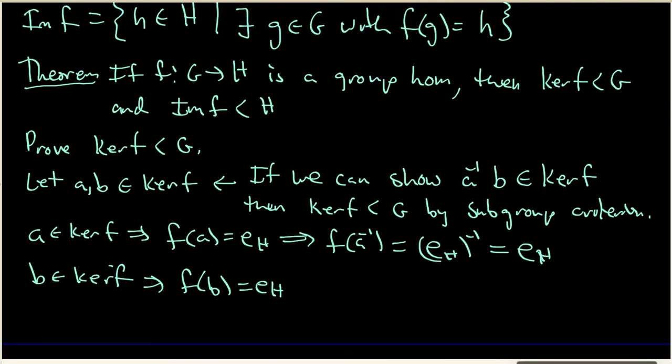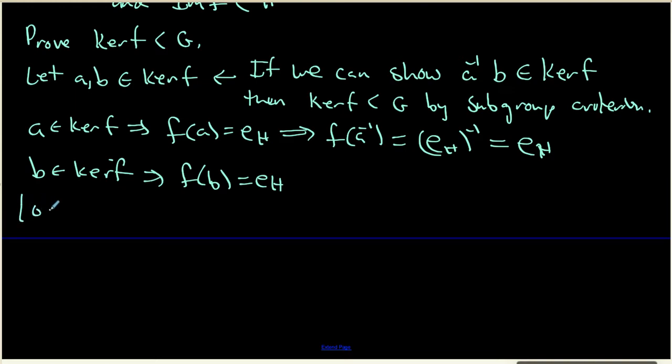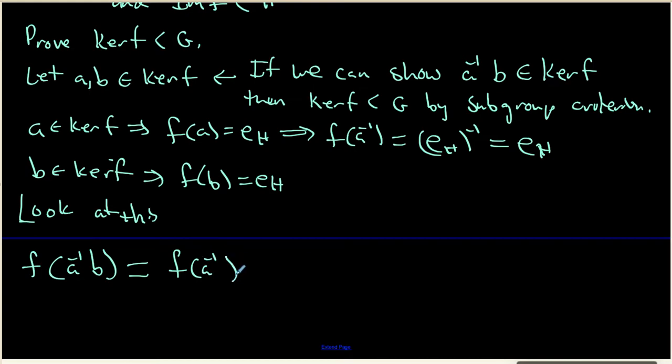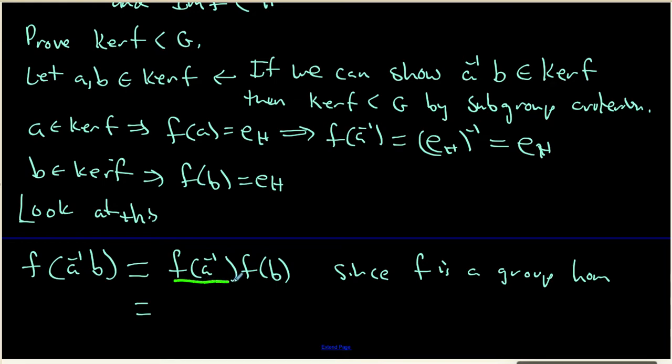So now we're actually ready to look at this. I'm going to think about feeding a inverse b to f. In other words, I want to look at what is f of a inverse times b. Now, f is a group homomorphism, so this is f of a inverse times f of b. But we've just gotten done figuring out that f of a inverse is nothing more than e_H.